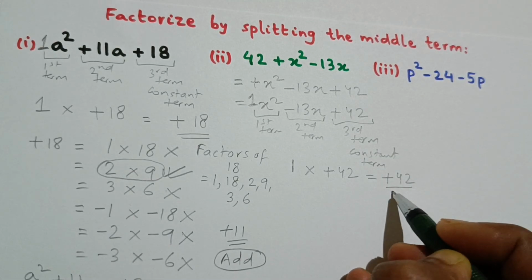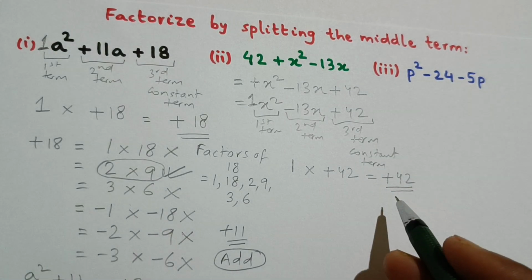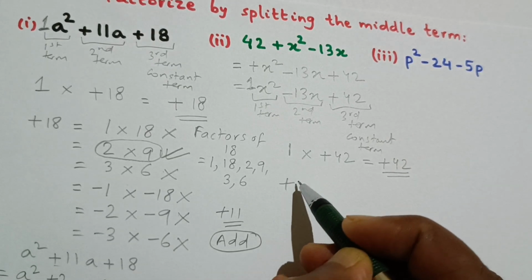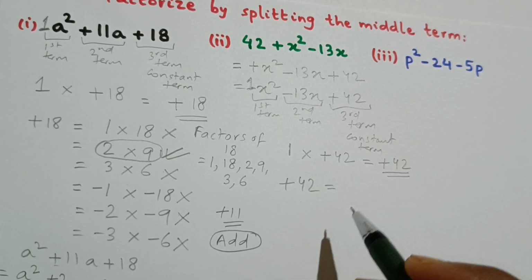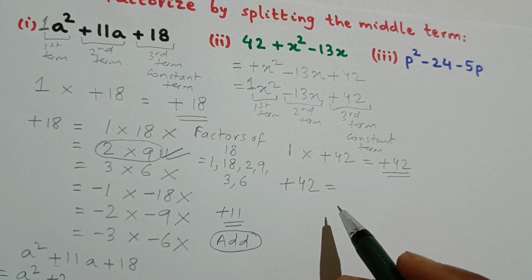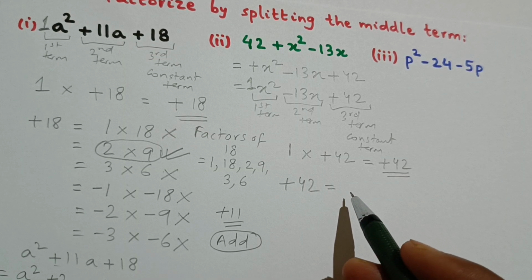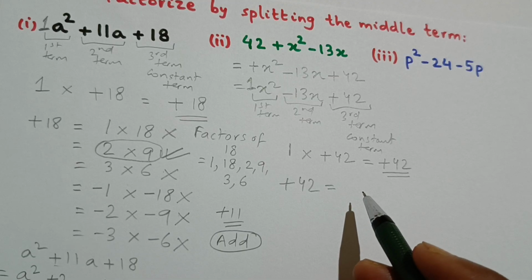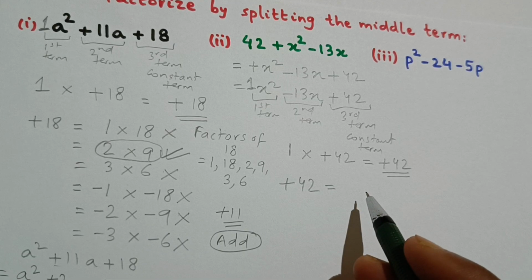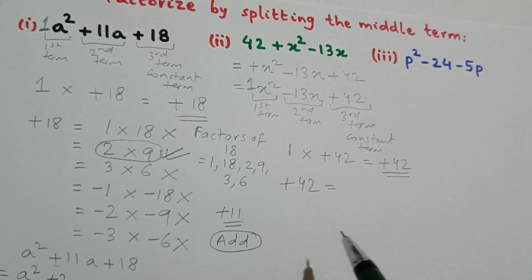So the product we are getting is plus 42. Now you have to find all the integer pairs whose product is plus 42.